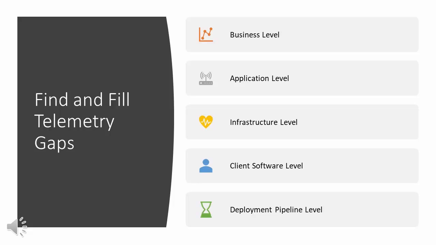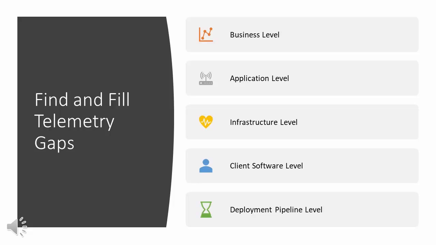On the infrastructure level, we need web server traffic metrics, CPU load, disk usage, all that sort of thing. On the client level, we need to know application errors and crashes, user measured transaction times, like how our JavaScript is performing. And on the deployment pipeline level, we need to know the deployment pipeline status, deployment lead times, deployment frequencies, and so on.